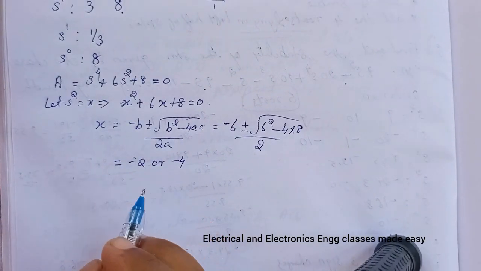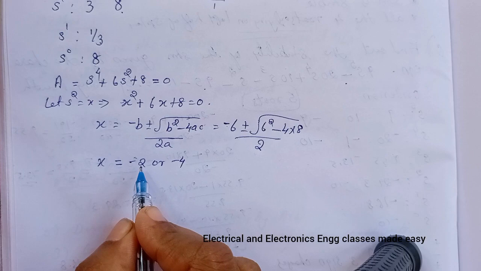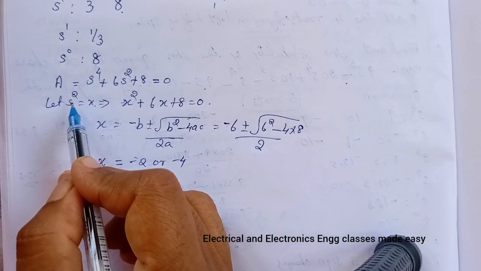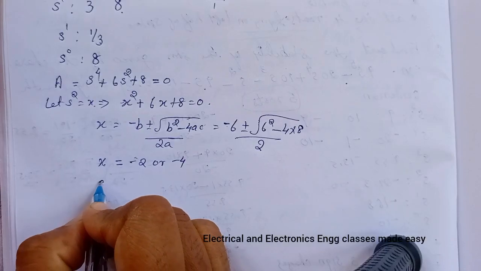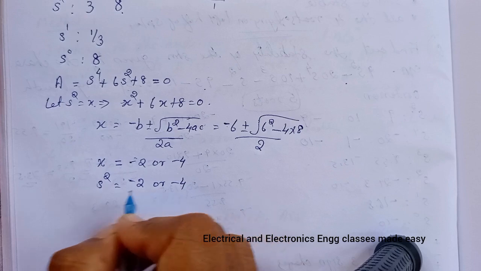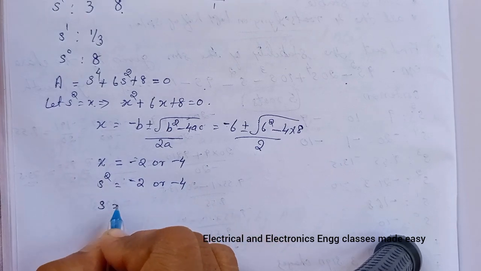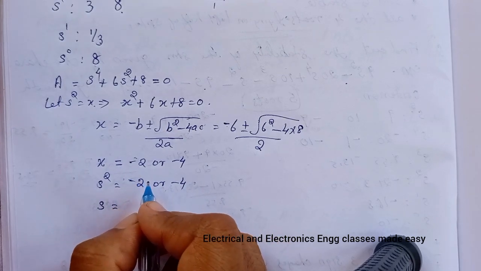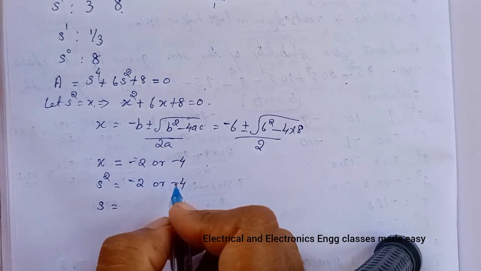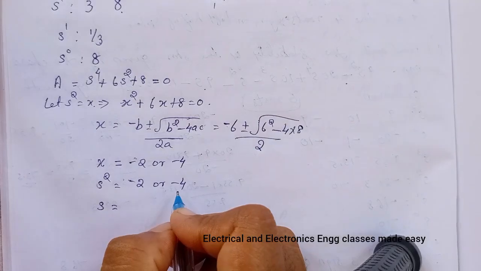That is, x is equal to minus 2 or minus 4, and x is s square, that is s square is equal to minus 2 or minus 4. From this we get s equal to plus or minus root of minus 2 and plus or minus root of minus 4.